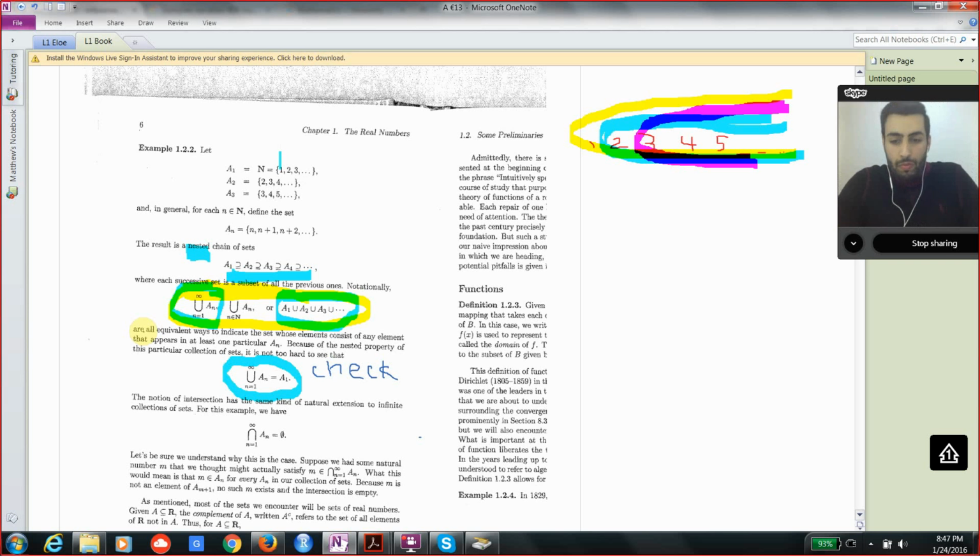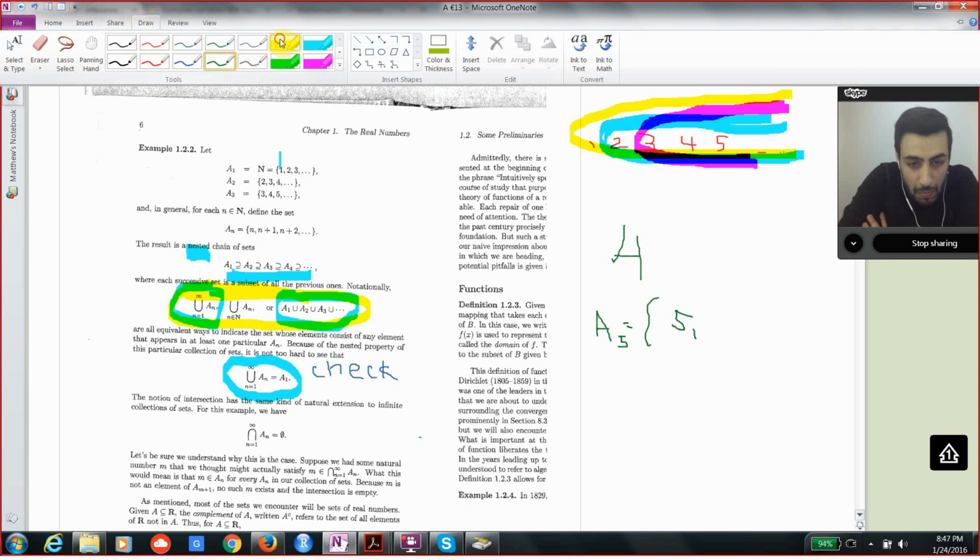Say you tell me 4. So you're claiming that 4 is in all of them. Let's look at A5. If 4 is in all of them, it has to be in A5. But A5 starts at 5. No matter how big a number you take, I take one bigger, and it's not in that set.